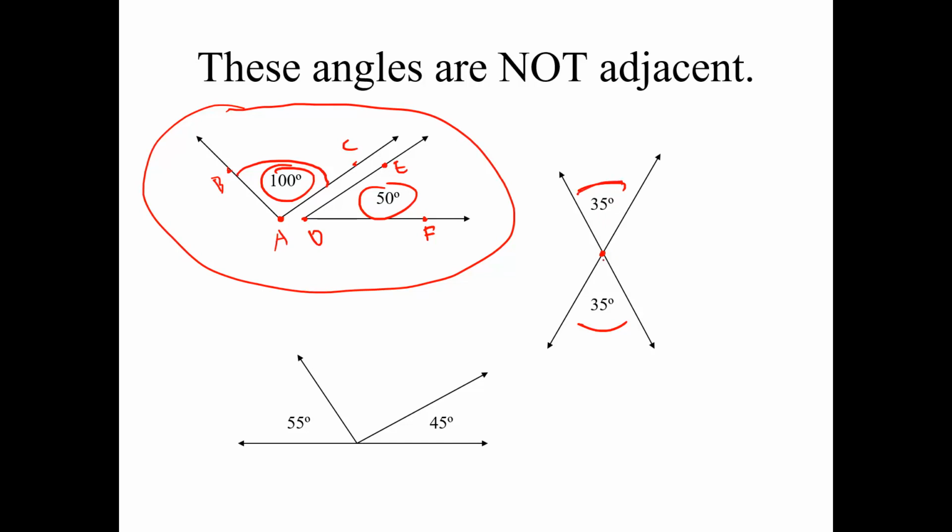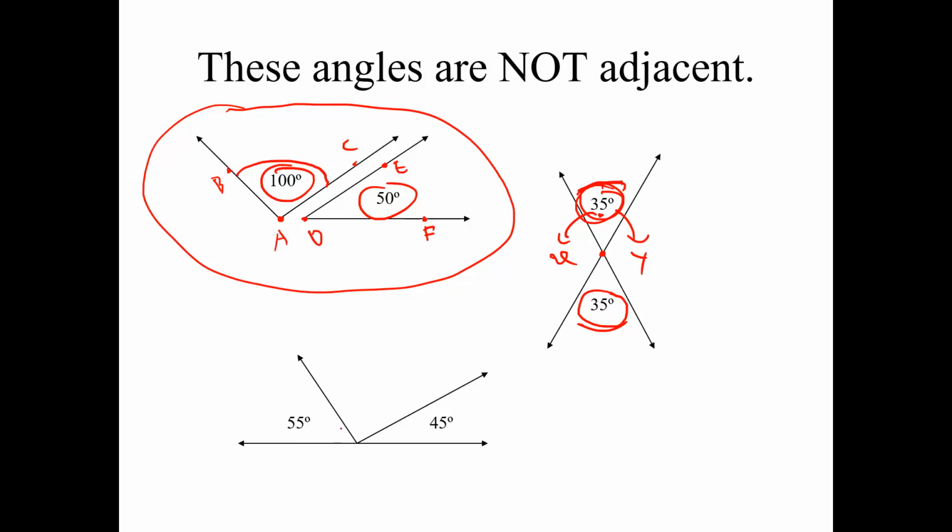This 35 and 35 have the same vertex, but they are not side by side, because this one is side by side with this one or with this one. Let's name it with X, and this one Y. This 35 is side by side with X. This 35 is also side by side with Y, but this 35 is not side by side with this 35. So that's why it is not adjacent.